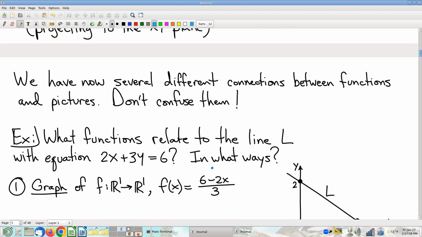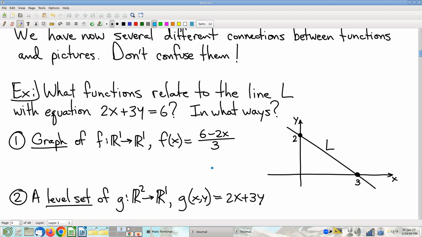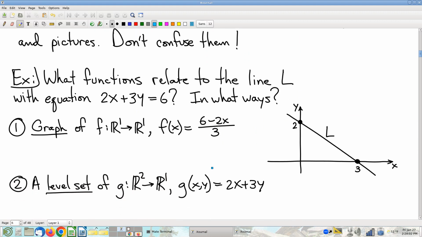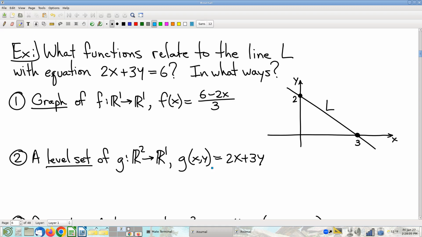Okay, now I'm going to show you an example of how you can use these constructions sort of backwards. So we had been thinking about, given one function, what are several different pictures that I can draw that represent in their different ways one function. So now we're going to turn that around and say, suppose I have a picture. What different functions can I think of that picture as representing?